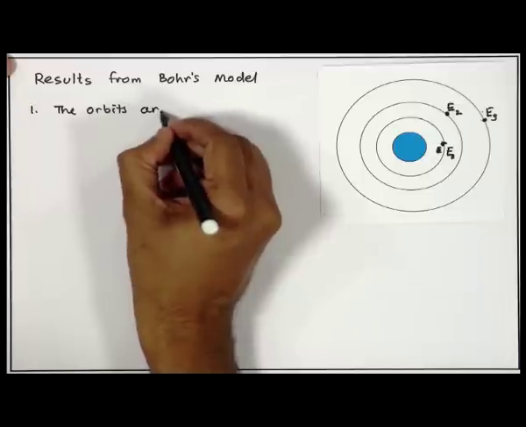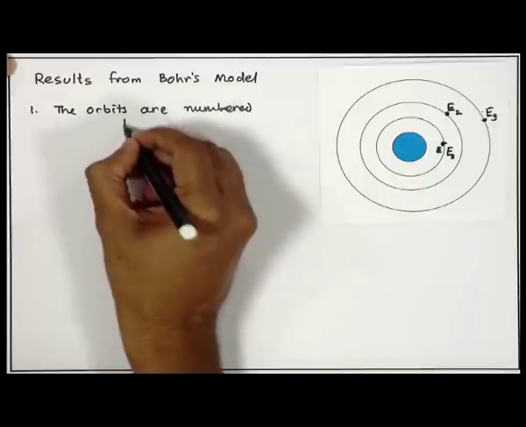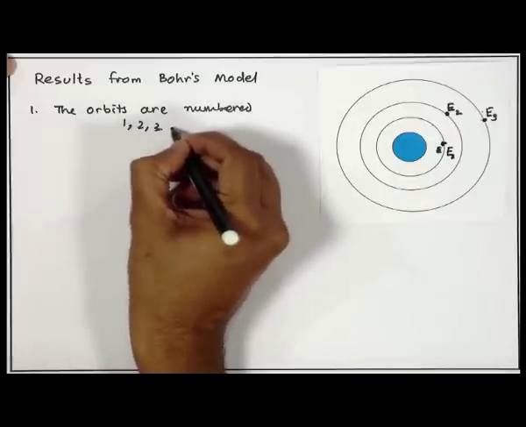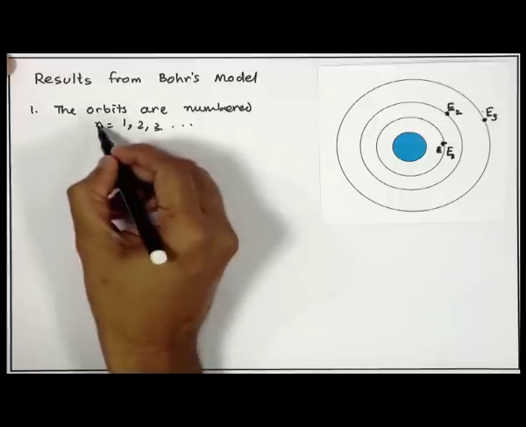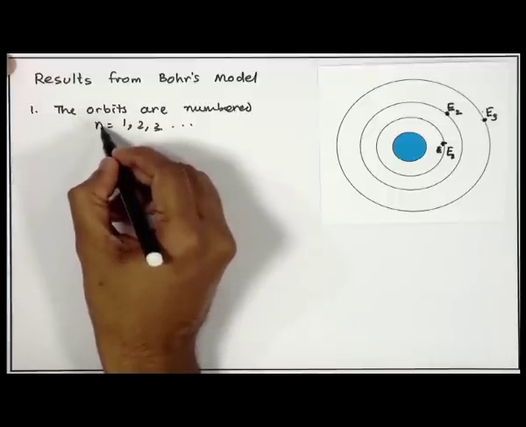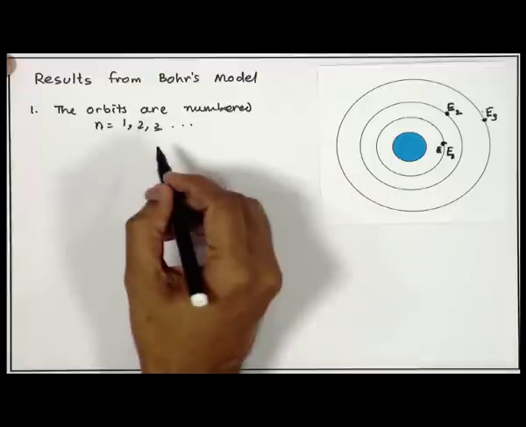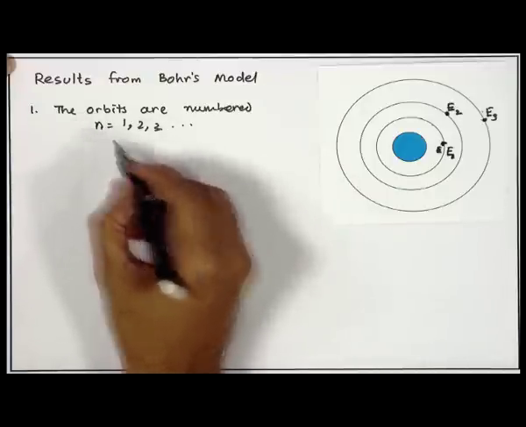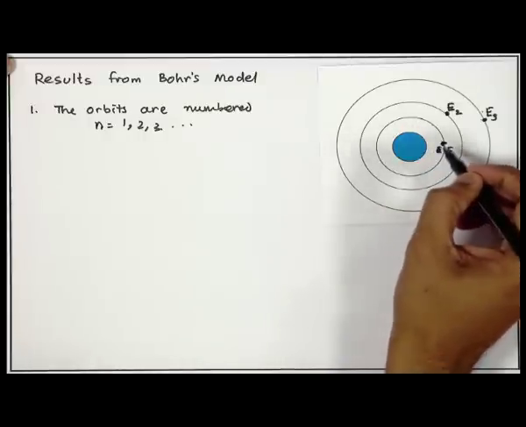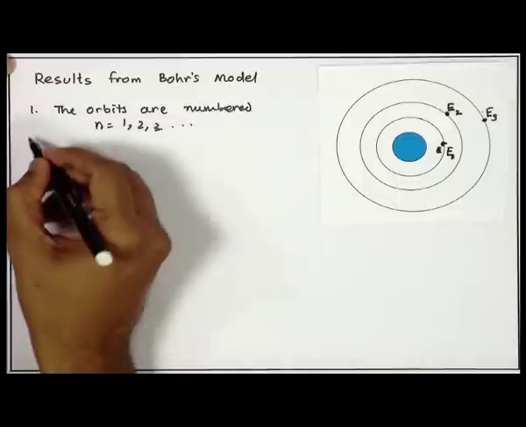The orbits are numbered 1, 2, 3, and so on and so forth. n goes from 1, 2, 3, 4. We will soon understand the physical significance of this n, but at the moment let us use it as a bookkeeping exercise, where n is an index which indicates the orbits 1, 2, 3 and so on.